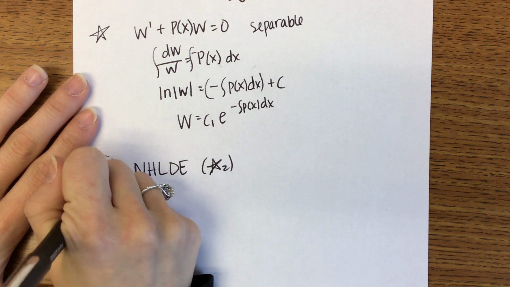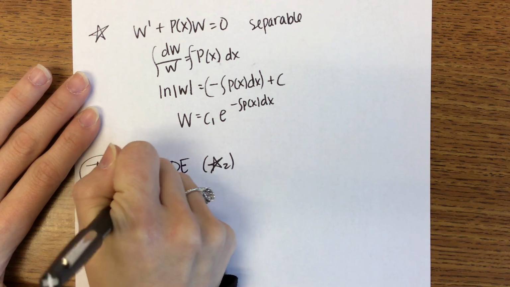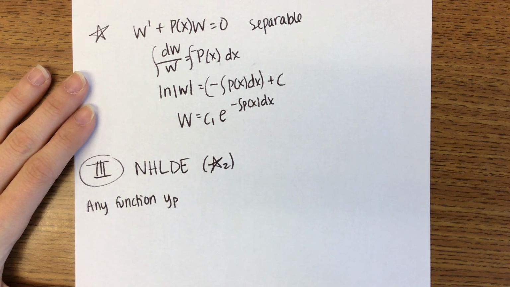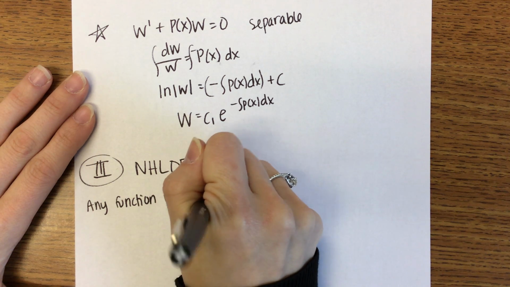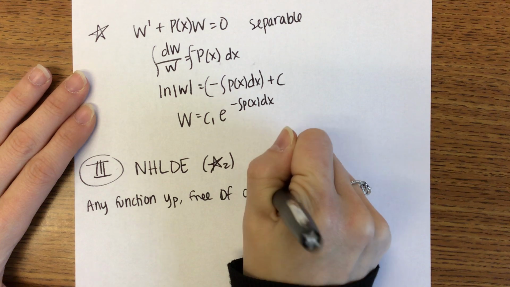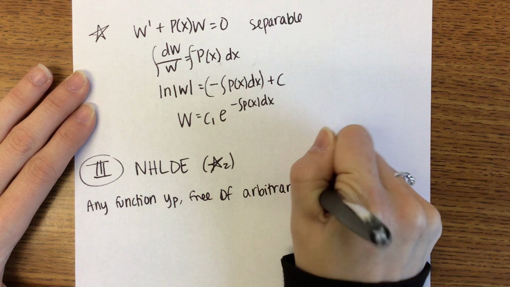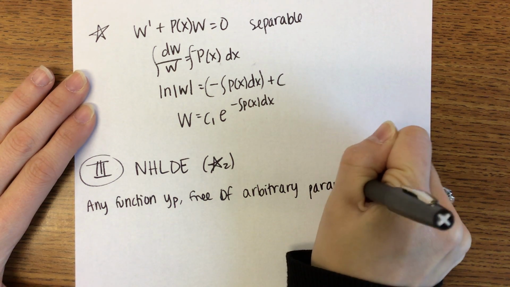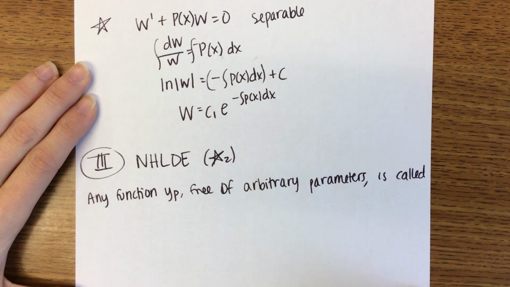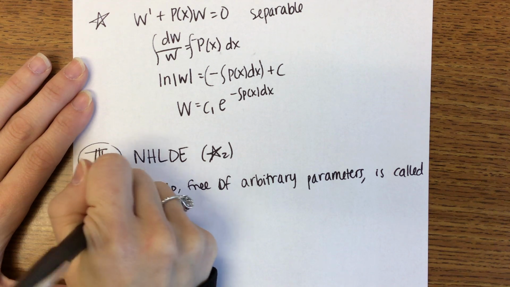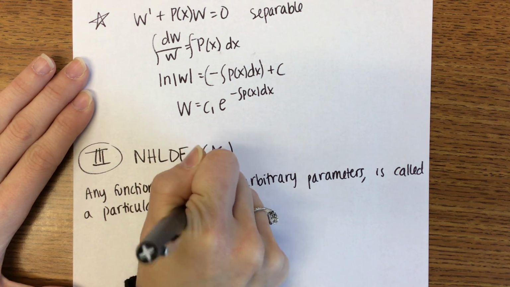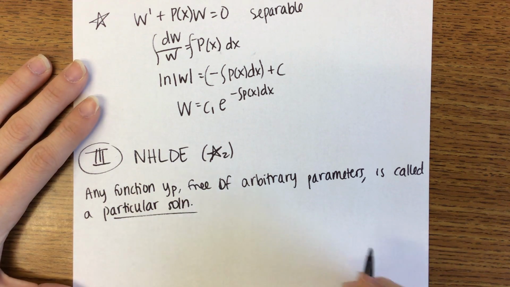Okay, quick note. Any function that we're going to call y sub p, which is free of arbitrary parameters, is called a particular solution. We've talked about that before. This just has some different notation.